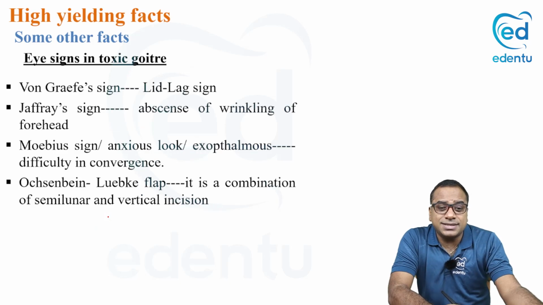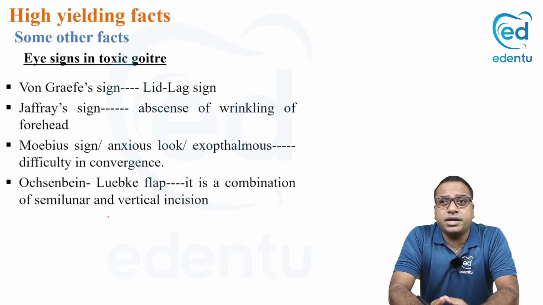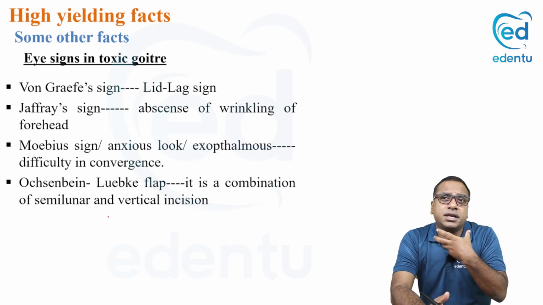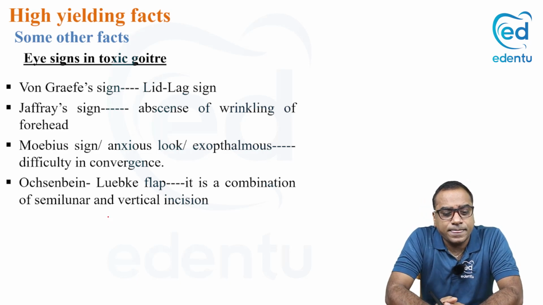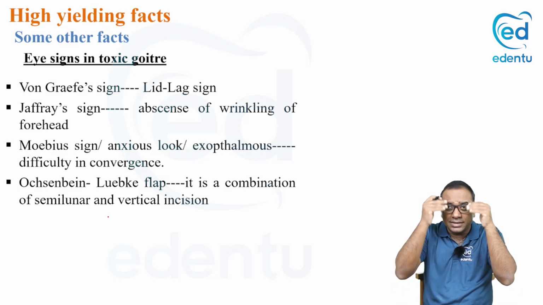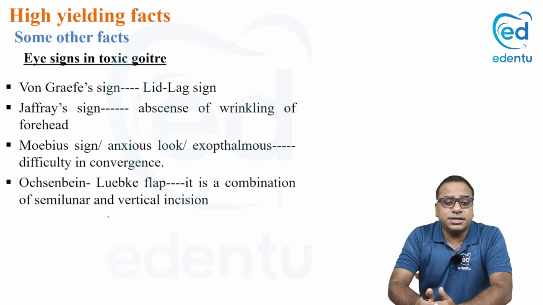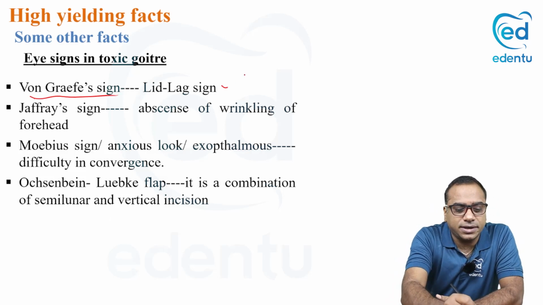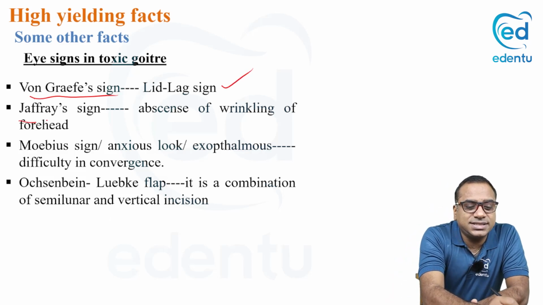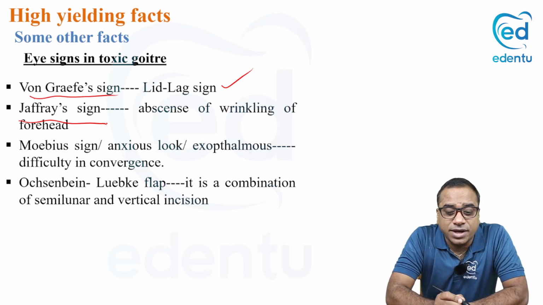So coming to some eye signs now. Eye signs in toxic goiter. In goiter, where the neck problem is there and thyroid enlargement is there, eye signs are seen. Whenever the eyelids are falling halfway, that is called Von Graefe's sign, lid lag sign also you call it. Absence of wrinkling on the forehead is called Joffroy's sign.